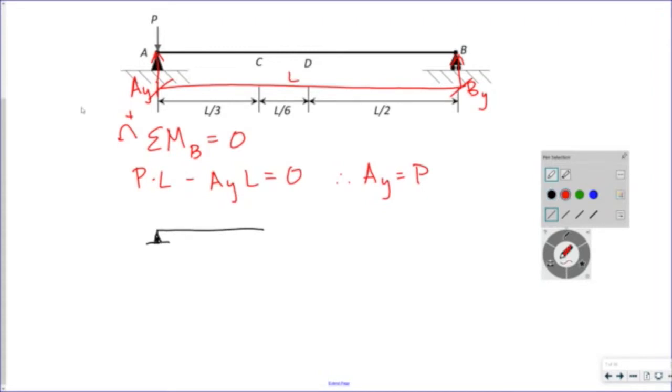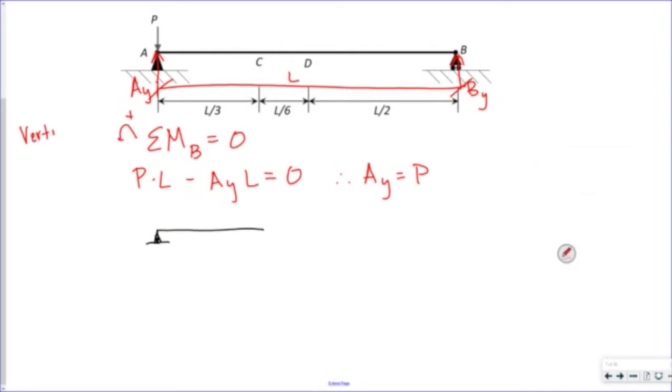Calculating a point at... Alright, this is my vertical reaction at A.